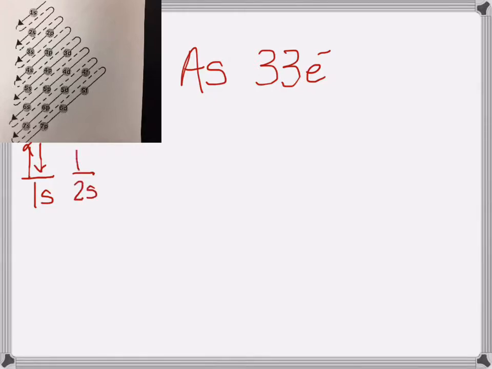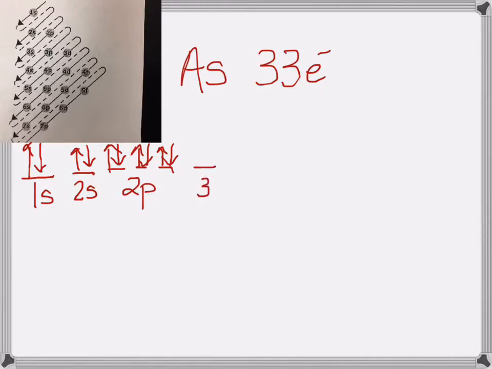It says to go to 2s. And I do those two. Now after 2s, where do we go? 2p. P means to draw 3 lines. And I need all 6 of those electrons there.